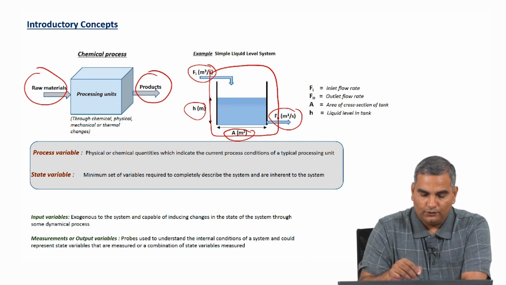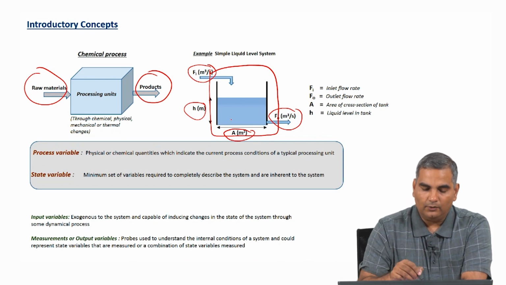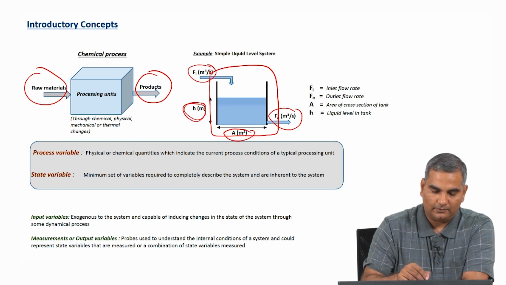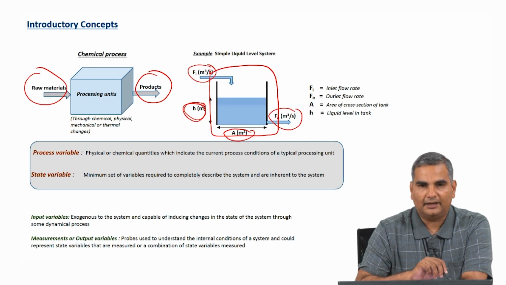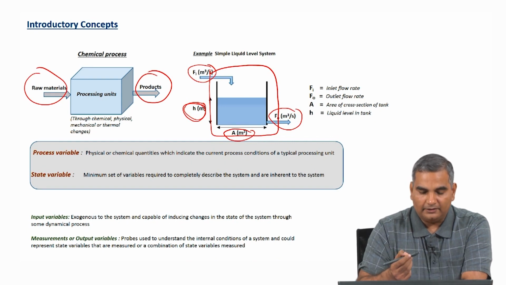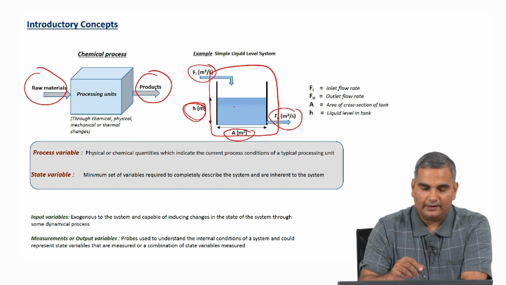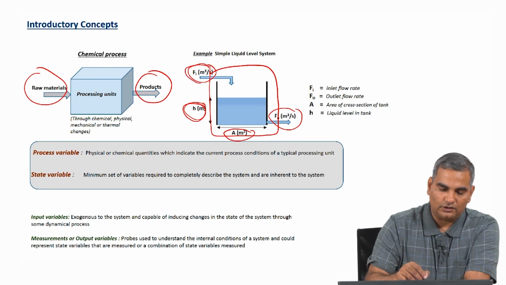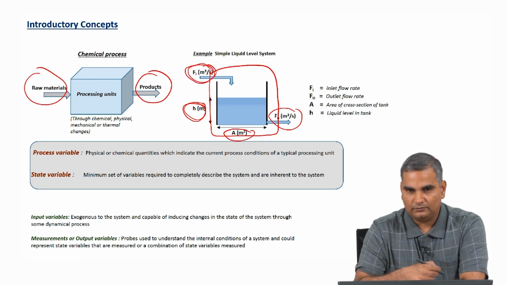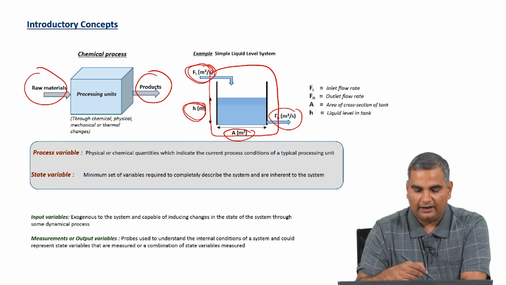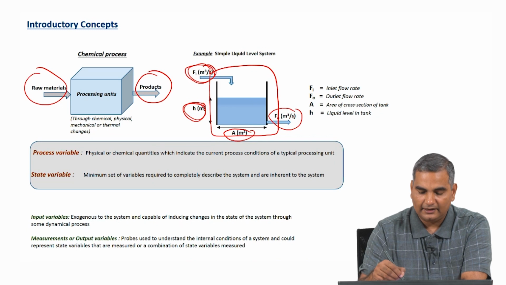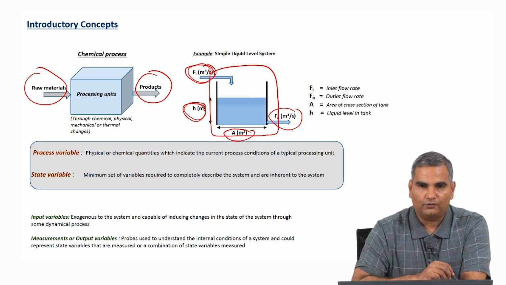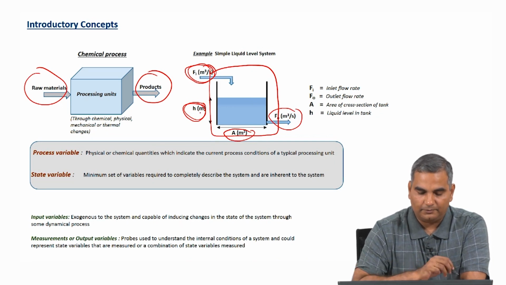Now, I would call this H a state variable, because once I know the value of H, then I can completely characterize the system. What I mean by this is, if I know H at any time, then as long as I know this exogenous variable value at all times, I can completely characterize the system in terms of how much water is there in the tank and what the output flow rate will be, because this output flow rate will depend on the height.